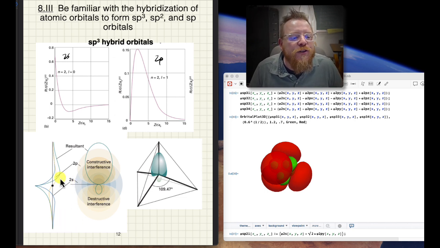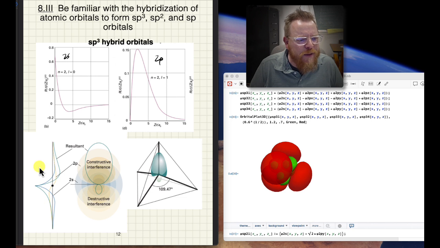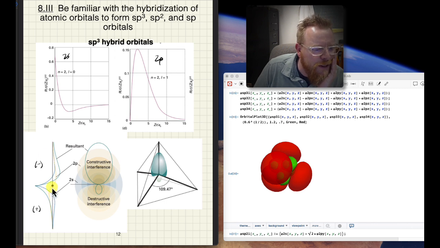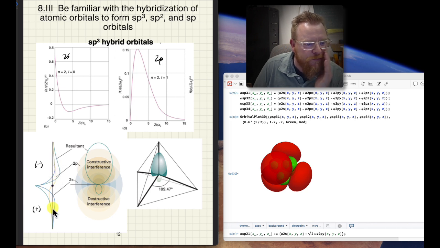But now if we look at the 2p radial function given by yellow, in this case, the way this picture is drawn, the negative region is up here and the positive region is up here. So you can see that positive region is given right there, and then it flips signs right there.